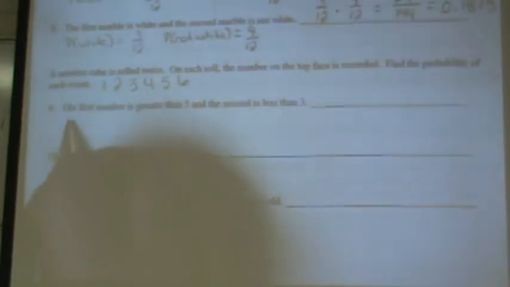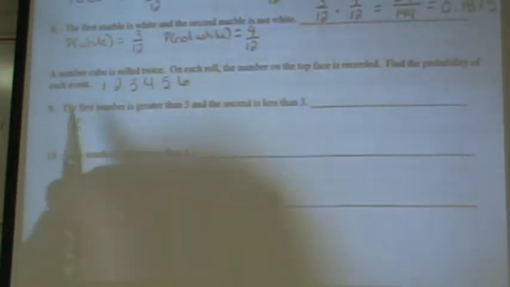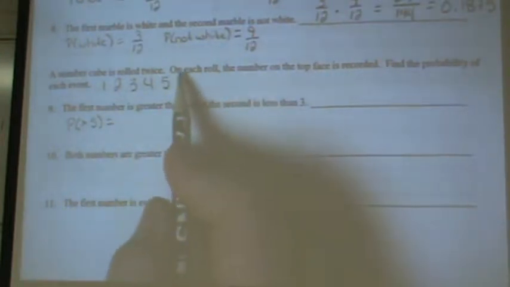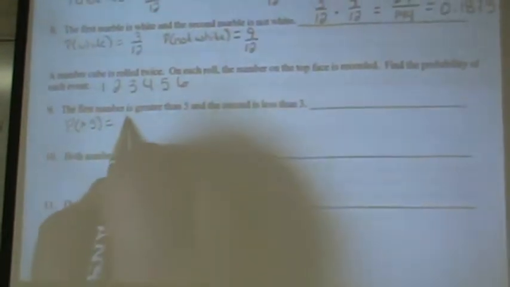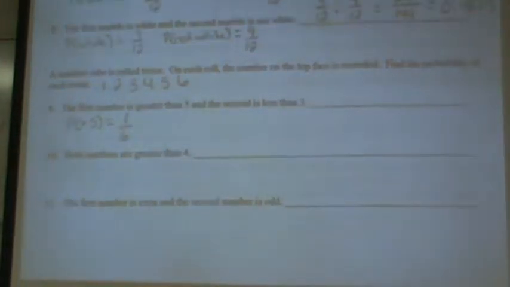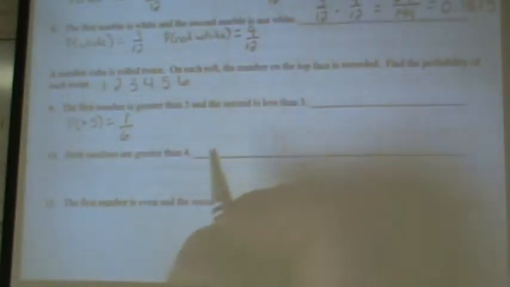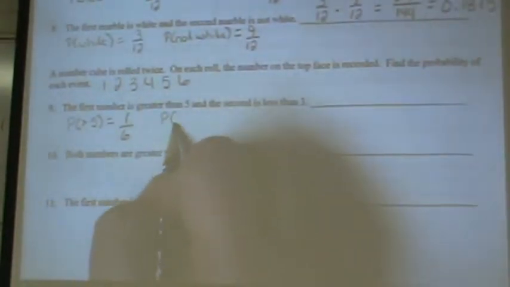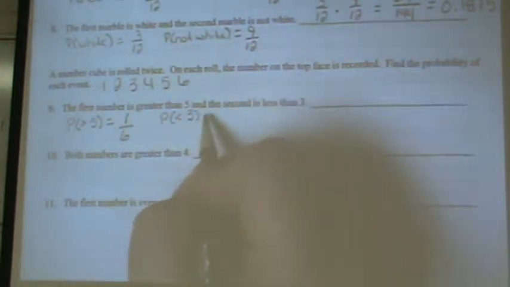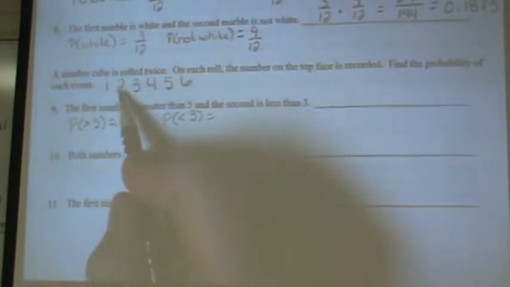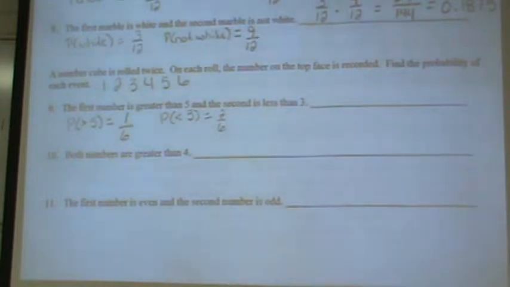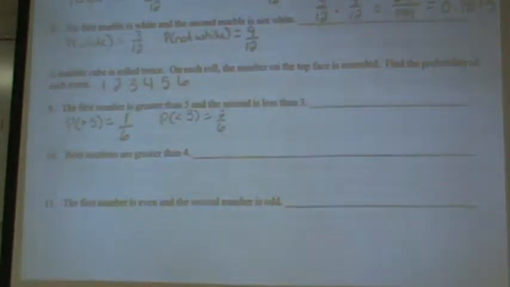So for the first roll, we want to know the probability that it is greater than 5. So there's one number greater than 5, that's a 6. So 1 out of 6 chance of being greater than 5. Our second roll, we want to find the probability that it's less than 3. So 1 and 2 are less than 3, so we have a 2 out of 6 chance that it's less than 3.